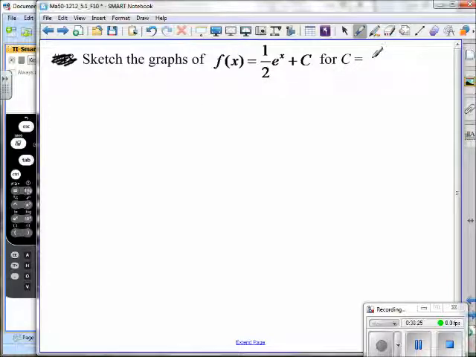I want you to graph the function that has c is equal to 1. Table behind them, you can do c is equal to 2. Brandon and James, you can do c is equal to 3. Over on this side, let's have the first 2 tables do c is equal to -1. And starting with Hannah, Emma, and Chelsea, let's do c is equal to -4. Okay, so just graph that function.